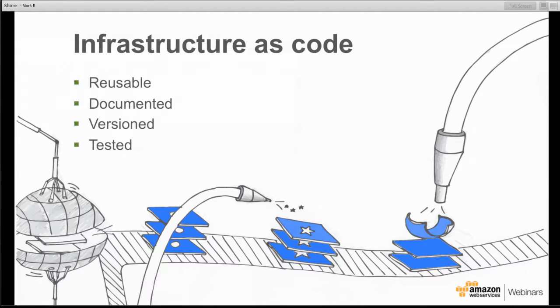You can look at OpsWorks also differently. OpsWorks is a service that follows the idea that infrastructure can be described through code. Code is reusable and documented. Most code is under version control, and it can be tested. The processes you use to manage your application source code can also be applied to the code that describes your infrastructure.